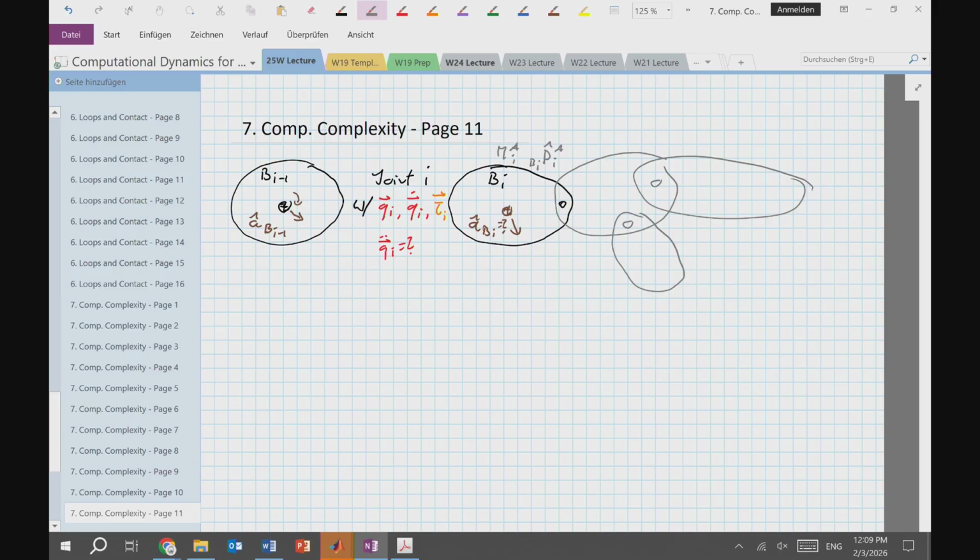Okay, so this is my assumption. We know the articulated inertia. We know the bias force. We know the joint torques tau I. And we know the acceleration of the predecessor, ABI-1.